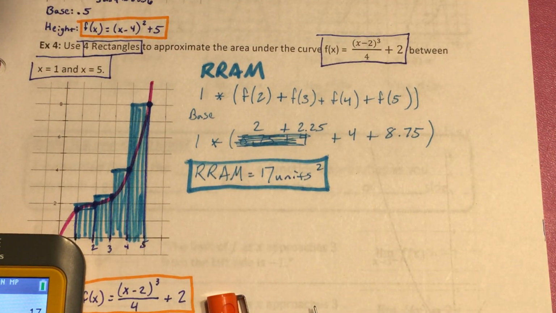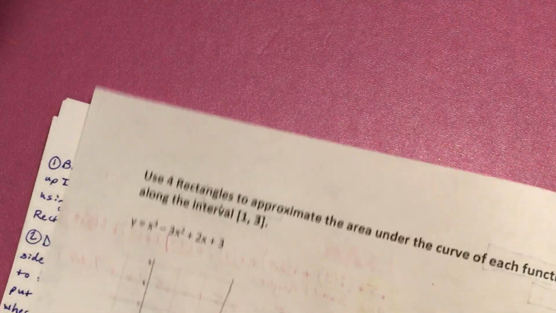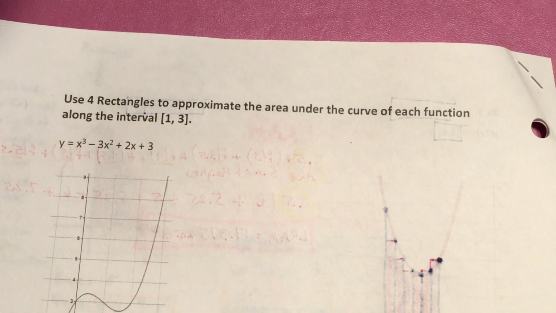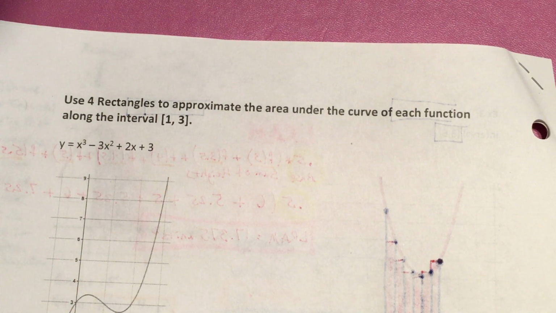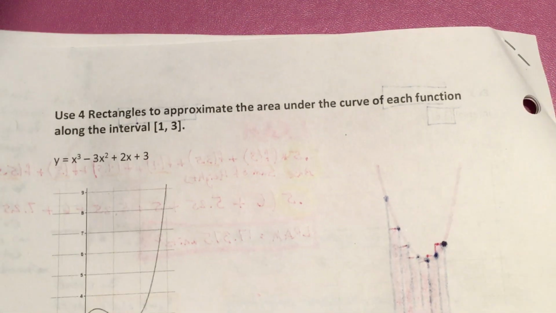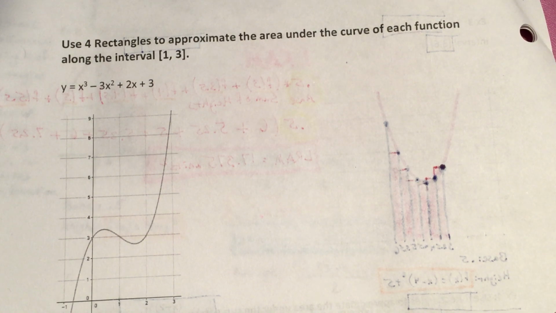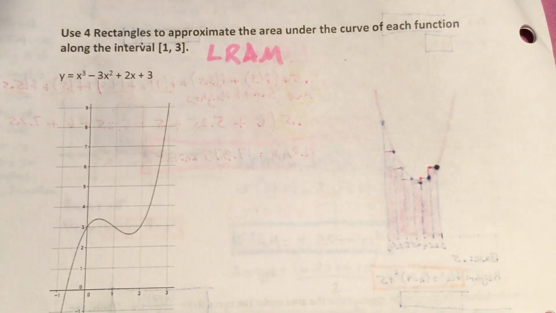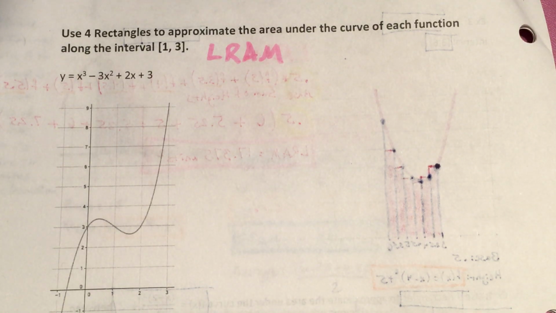All right, folks, so on to the last page of notes for this chapter. Here is what I would like you to do. Before you watch the next video, I would like you to try these two problems entirely on your own. On this first one, I want you to find LRAM.